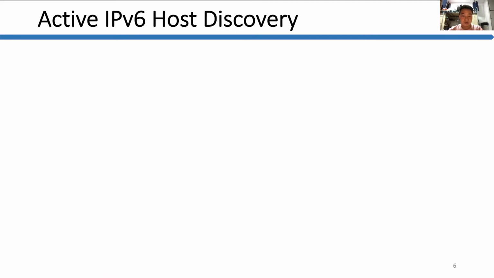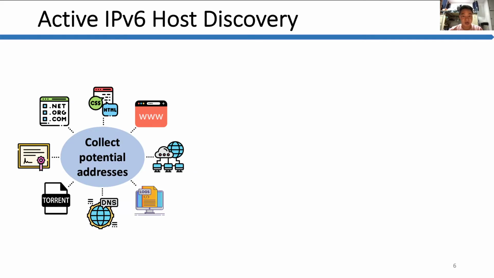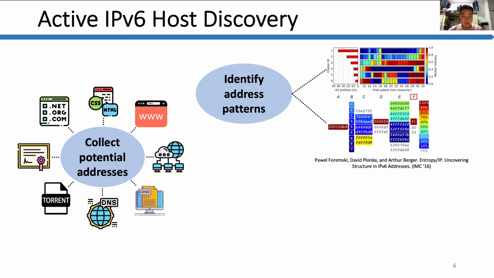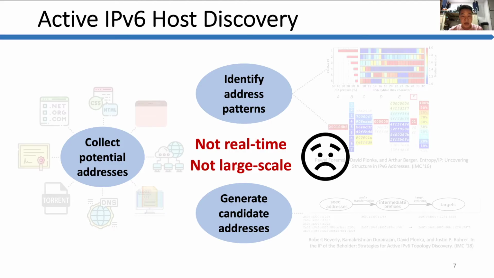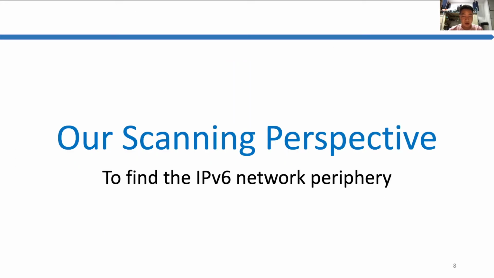Researchers introduced kinds of techniques to discover active IPv6 hosts. However, these methods are not real-time and large-scale. We aim to discover the IPv6 network periphery from a new perspective, using the IPv6 address allocation principle.